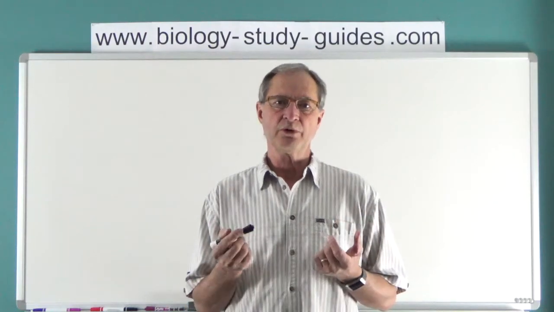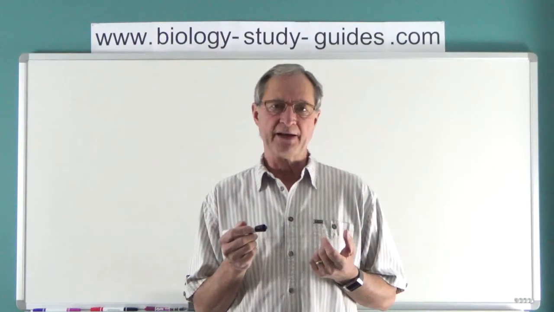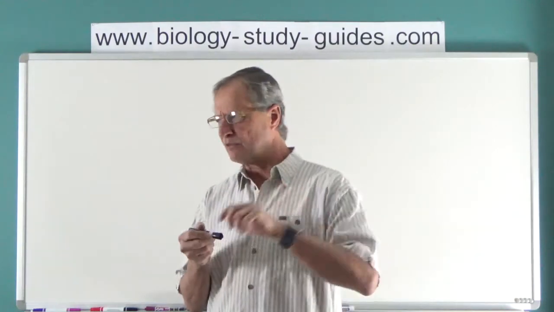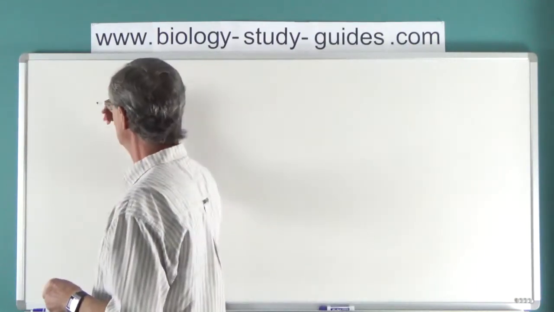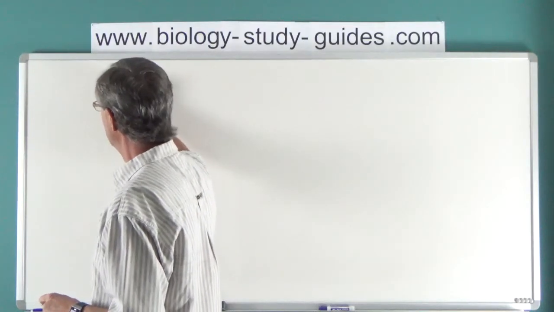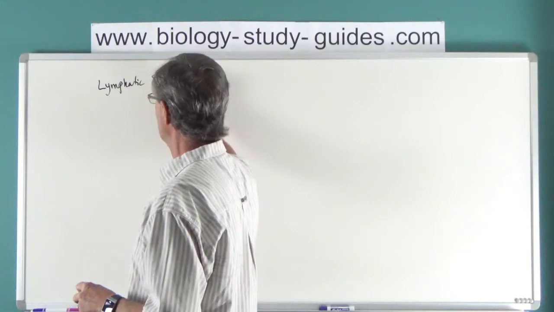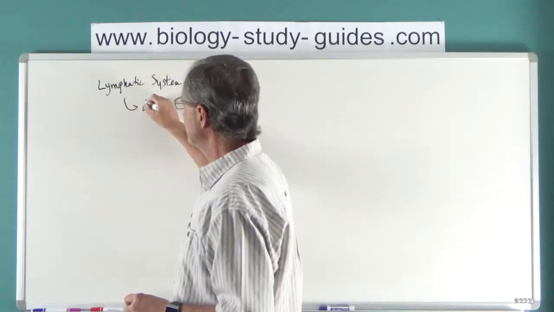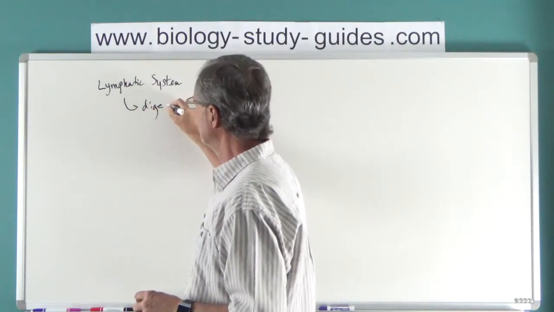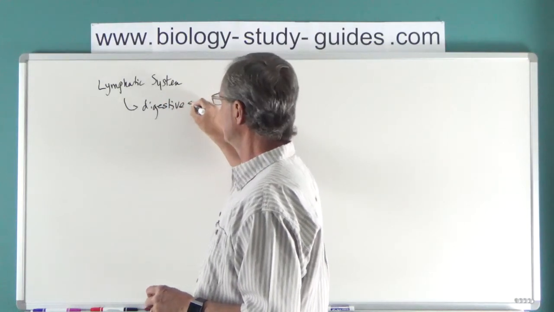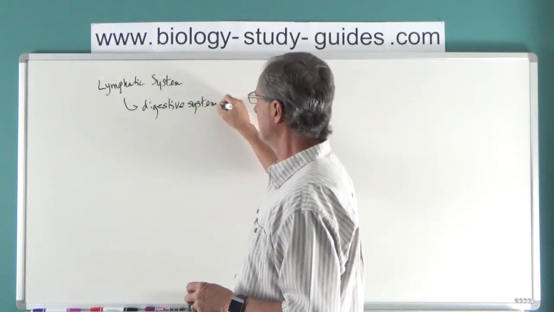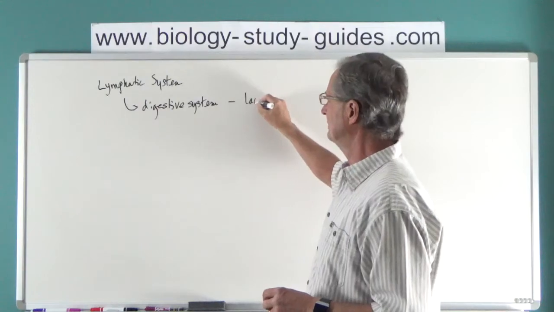In this video, we'll look briefly at the lymphatic system. We've encountered it a number of times already. We've encountered it with the digestive system, the lymphatic system. In the digestive system, the topic of lacteals.